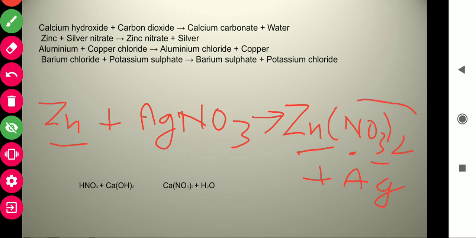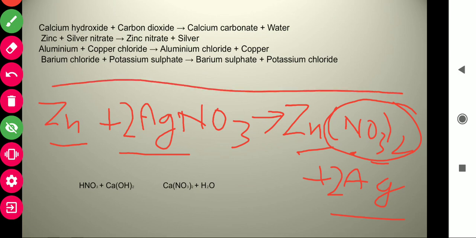For balancing nitrogen and oxygen, we need to keep 2 here. On keeping 2 here, the elements present in this compound now have twice the number of atoms. How much silver? 2. For balancing silver, we will keep 2 here again. Now this is a balanced reaction. All atoms are the same at the reactant side as well as the product side.